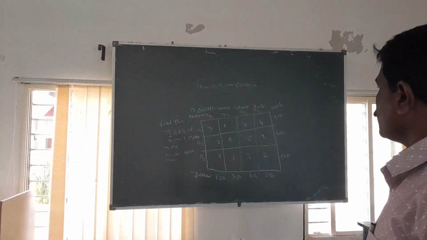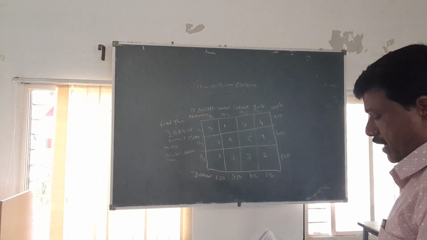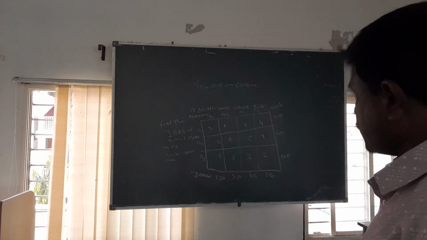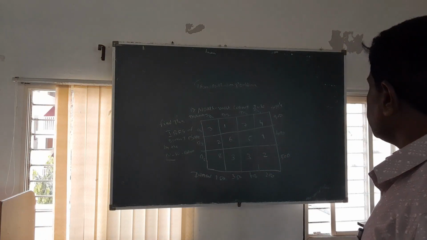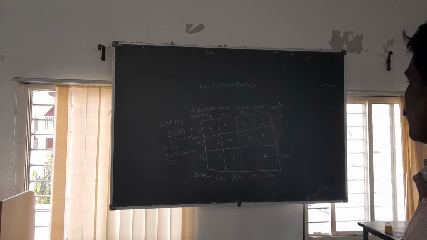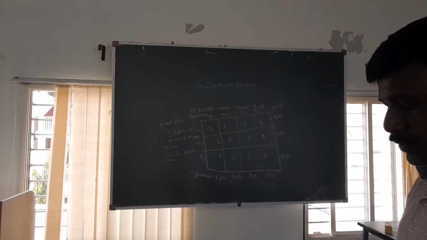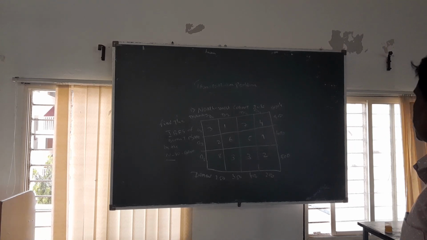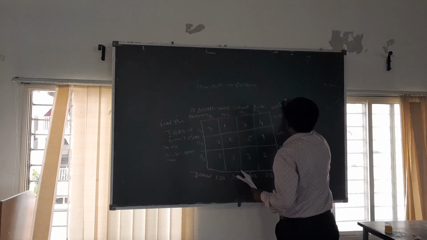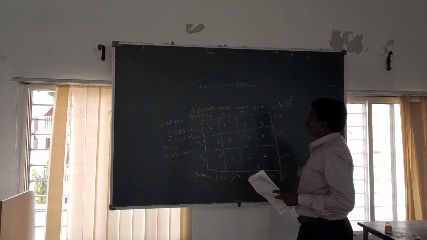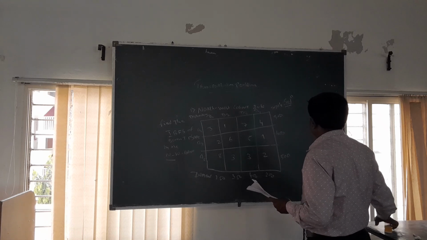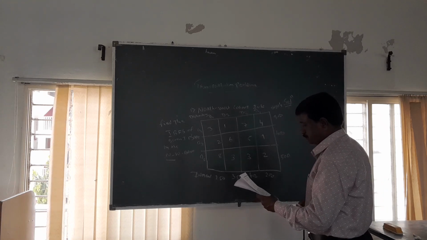The supply for the sources O1, O2 and O3 is 300, 400 and 500 respectively, and the destinations D1, D2, D3 and D4 have demand 250, 350, 400 and 200 respectively. We find the initial basic feasible solution of the given problem by the method of northwest corner rule.